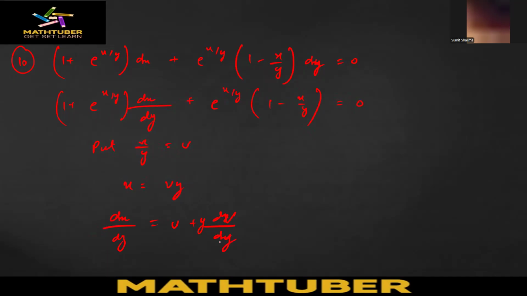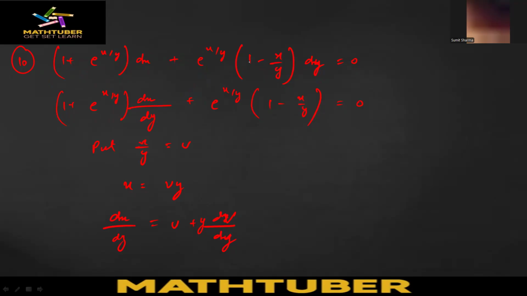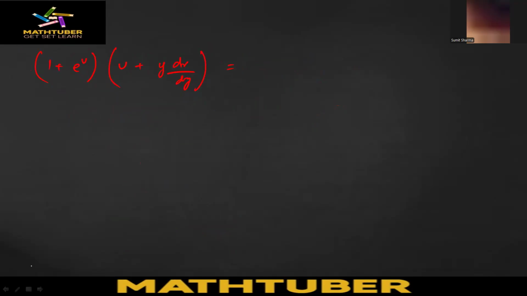It will be (1 plus e raised to power v) into (v plus y dv upon dy) plus e raised to power v into (1 minus v) is equal to 0.